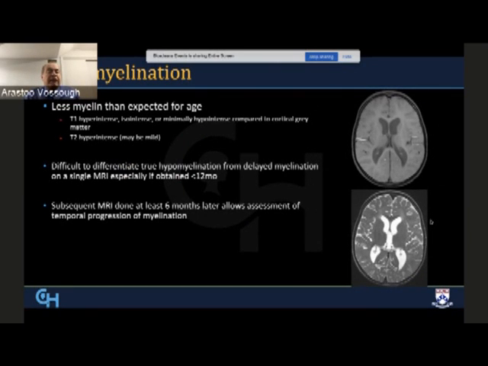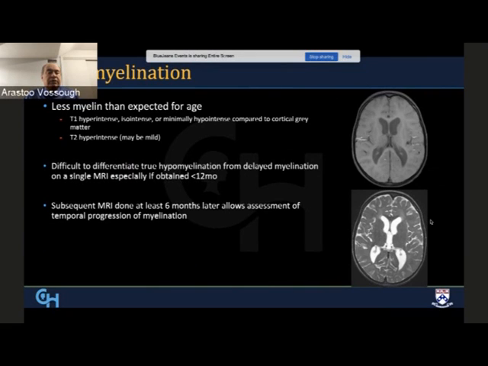So in hypomyelination, we mentioned that the T1 is not very dark. It's maybe near normal, isointense, or just very minimally hypointense. The problem is that if you have a very young child, especially an infant, it might be difficult to differentiate true hypomyelination from delayed myelination on a single MRI.